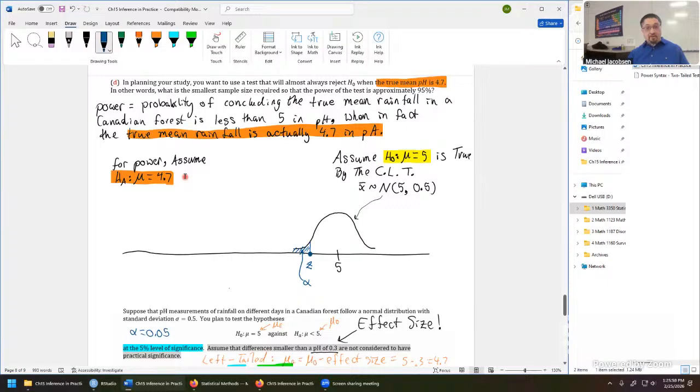Now we return to the power side of this. We're making the big assumption. We're going to assume that the alternative is also true, that mu is 4.7, but then the central limit theorem comes up again. By the central limit theorem, under that assumption, x bar is distributed normally with true mean 4.7, standard deviation 0.5. We'll have the same exact shape as this curve because the standard deviations are the same, but it's been shifted to the left to 4.7.